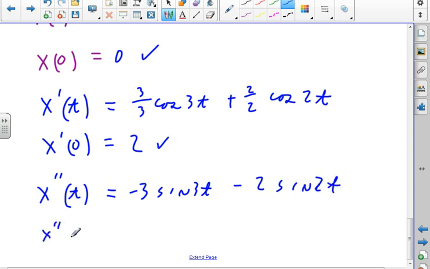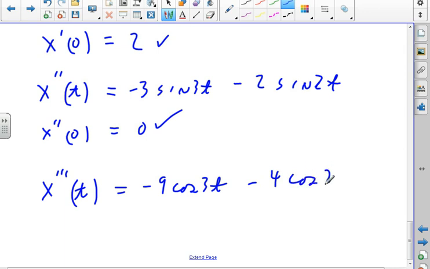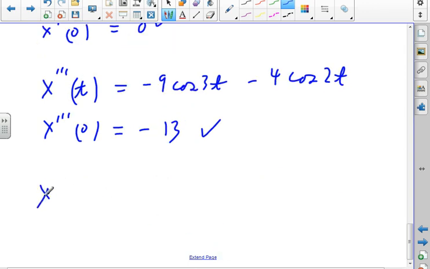X double prime at 0 is supposed to be 0. Check. X triple prime of t is minus 9 cosine 3t minus 4 cosine 2t, and x triple prime at 0, I hope it's supposed to be minus 13, and it is. Check.